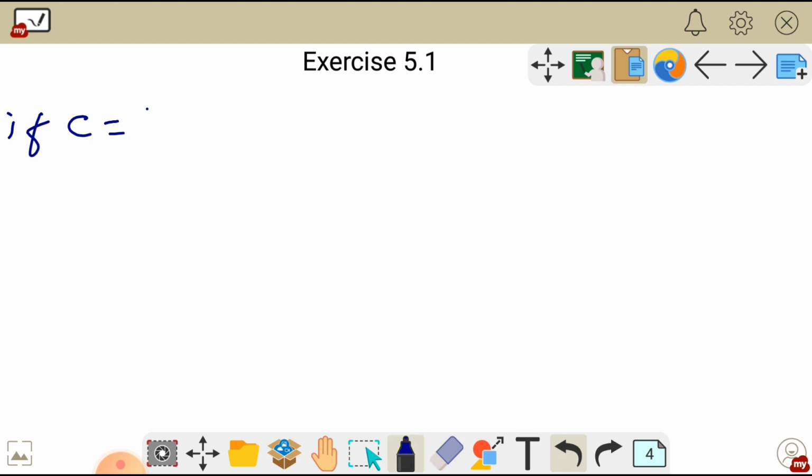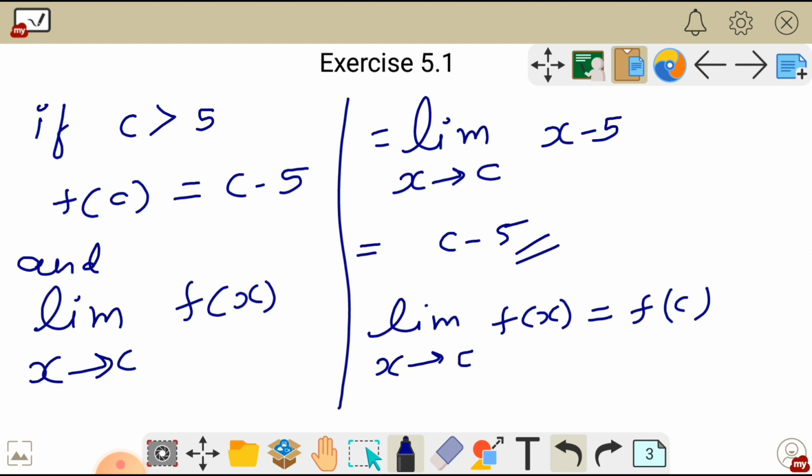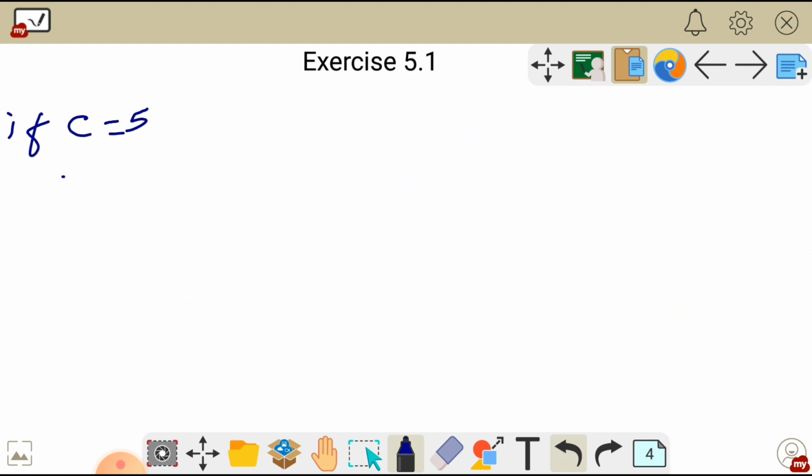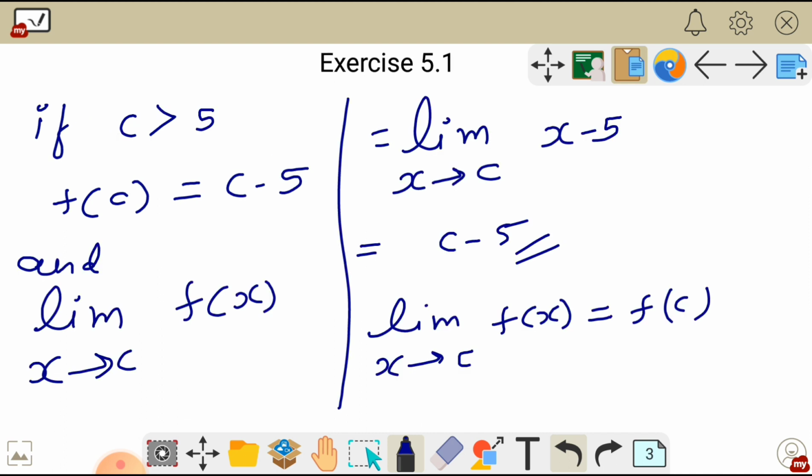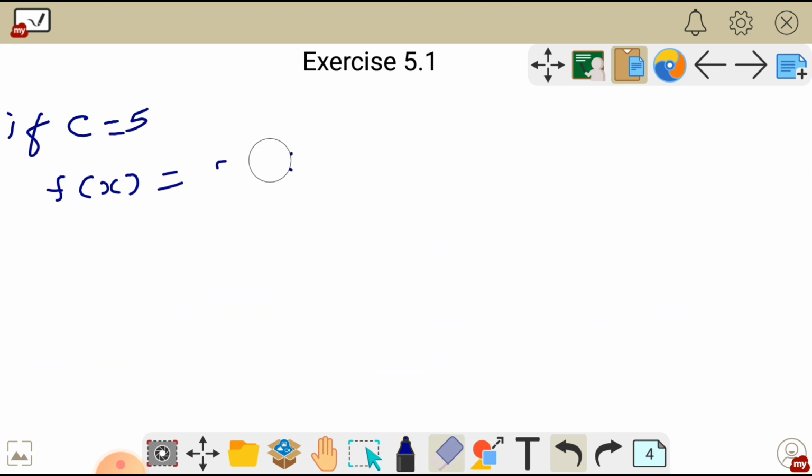So at c equal to 5, our function is f of x equal to x minus 5. Now we have to check whether the function is continuous at c equal to 5. So for that, first of all, what will be our f of c? So f of c is nothing but c minus 5.